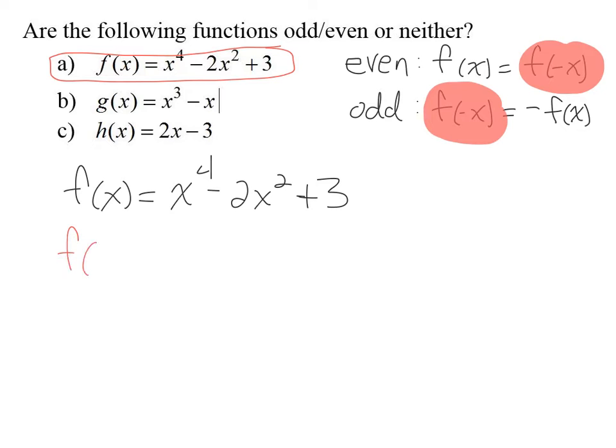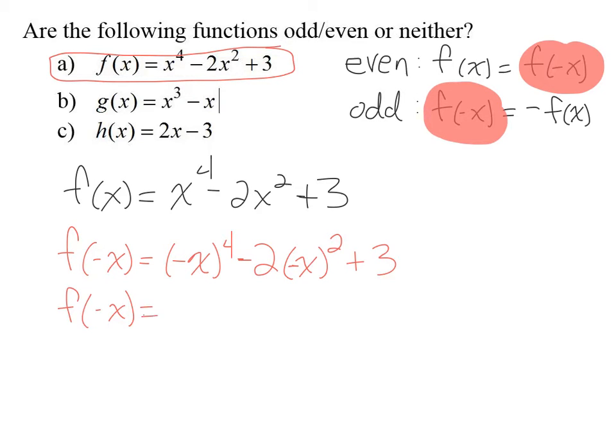So f of negative x is negative x to the fourth power minus 2 times negative x squared plus 3. And when you simplify this down, you get f of negative x equals x to the fourth minus 2x squared plus 3.